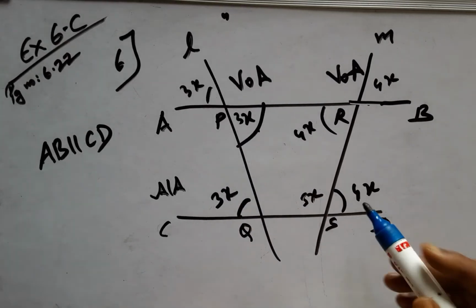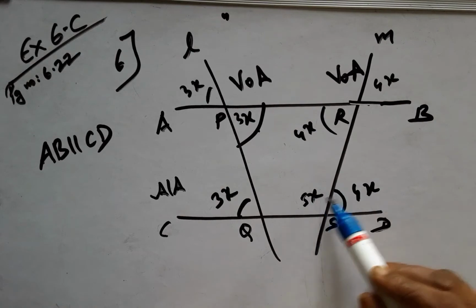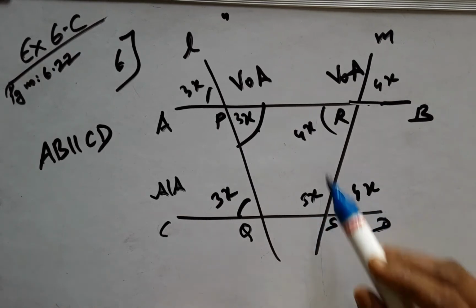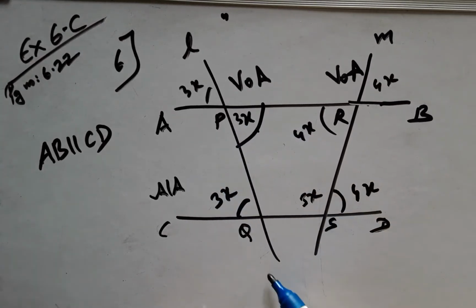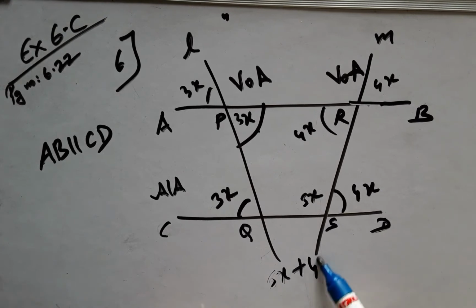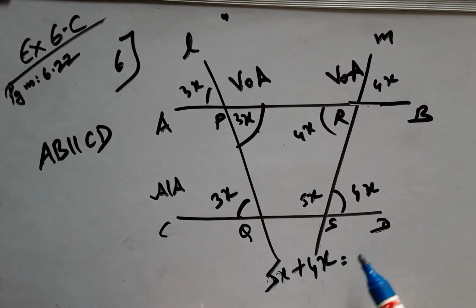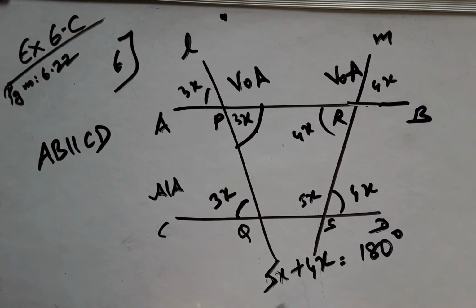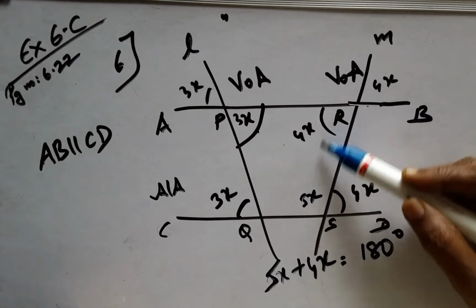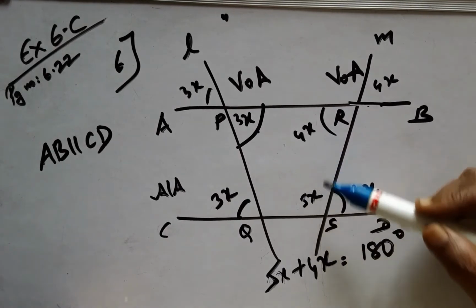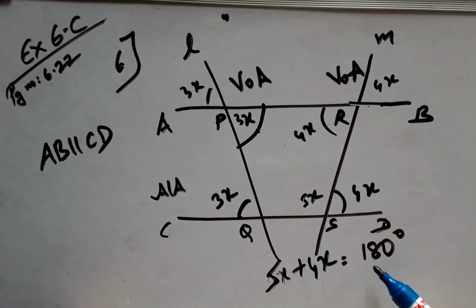As you can see, you might have identified the logical conclusion to this entire exercise. You can see that 5x and 4x form a linear pair, and therefore the sum is 180 degrees. Here also, these two are co-interior angles, are supplementary, and they are also 180 degrees.